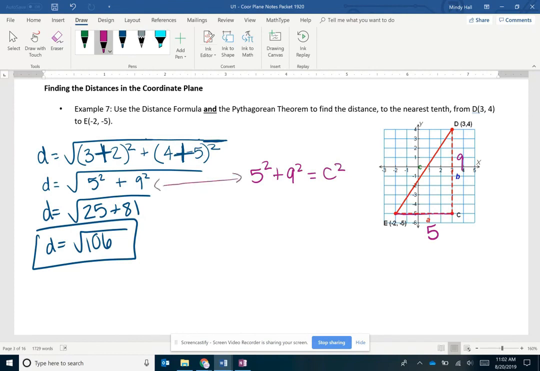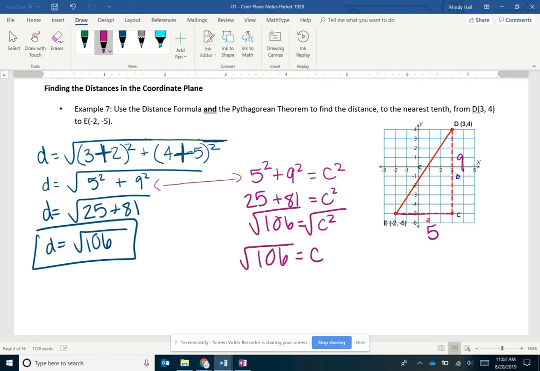And if I took the square root of c squared right now, it would be exactly the same thing. But we have 25 plus 81 equals c squared, which is 106 equal to c squared. And then when we take the square root, the squared goes away, I'm sorry, and then c is still the square root of 106.